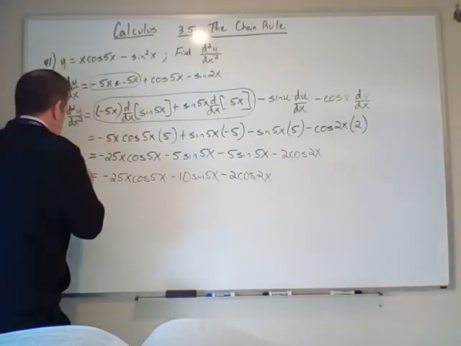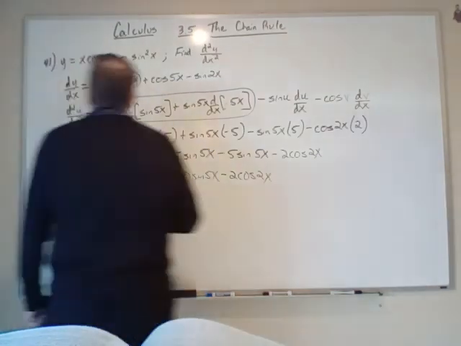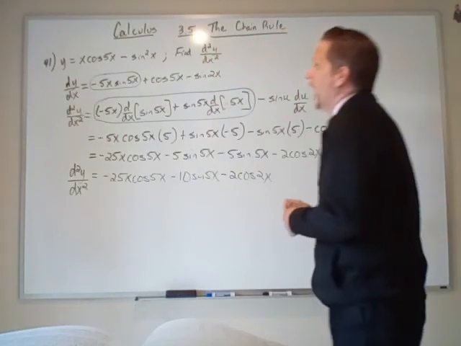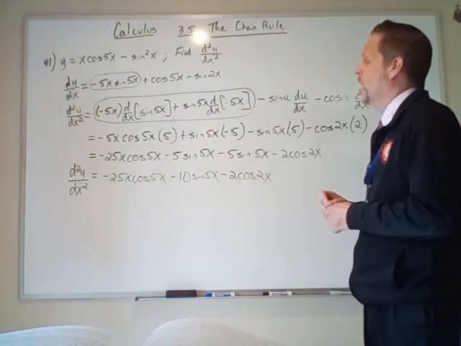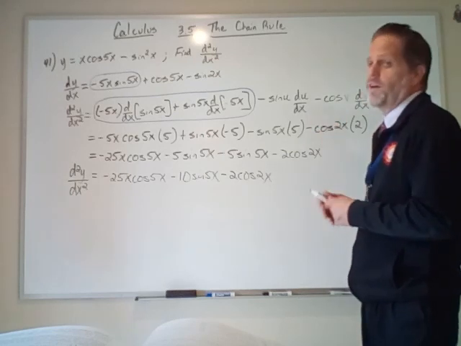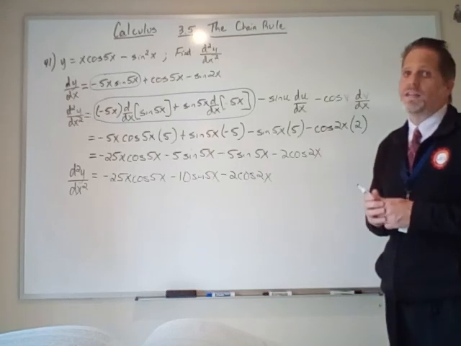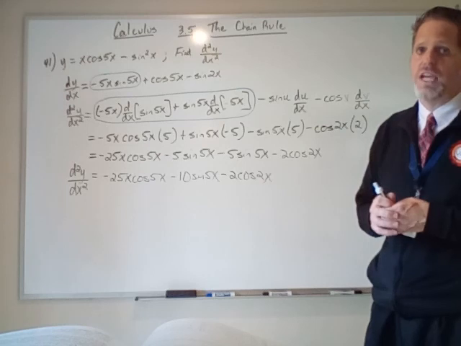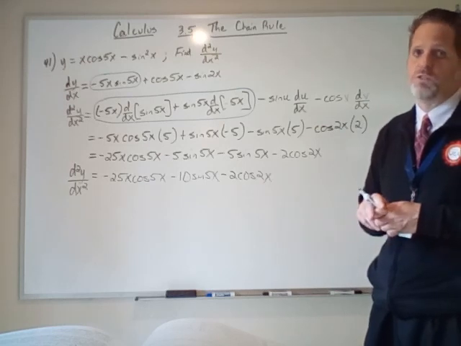And there is the double derivative of the original function x cosine 5x minus the sine squared of x. And again, the double derivative is the derivative of the first derivative of the function. If you want to think of it as the instantaneous rate of change of the first function, you can, because the relationship is preserved.